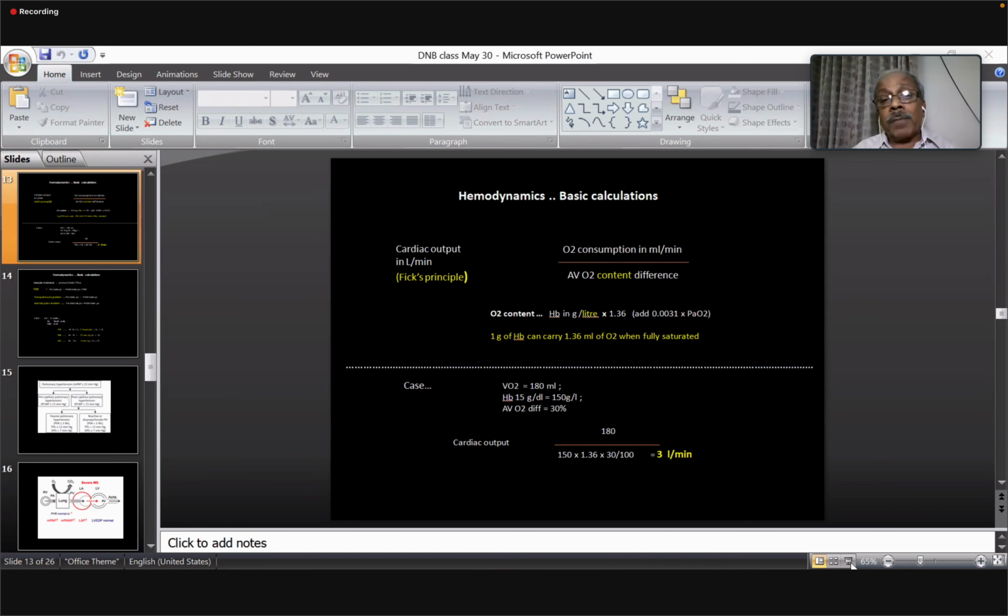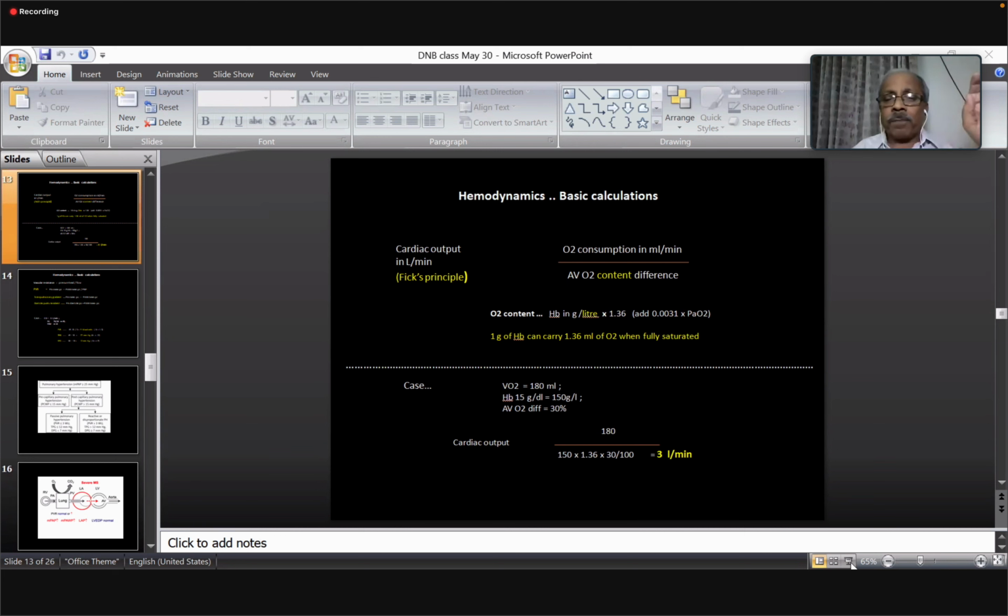That is the oxygen which can be carried if it is 100% saturated, into 30%, 30 by 100. So oxygen consumption of the body divided by the oxygen content. That is 15 gram in 100 ml is 150 gram in 1 liter, into 1 gram of hemoglobin can carry 1.36 ml of oxygen. So there is the oxygen content.